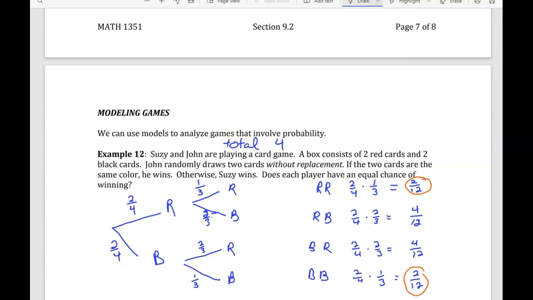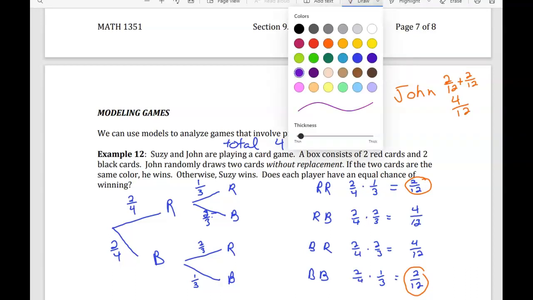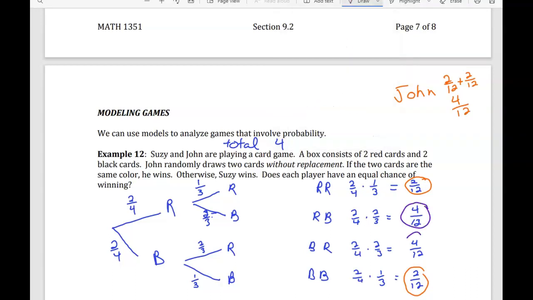Now, if he gets the same color, he's going to win. So John wins 2/12 plus 2/12 of the time. So John's going to win 4/12. Otherwise, Susie wins. Susie's going to win 4/12 plus 4/12. She's going to win 8/12 of the time.